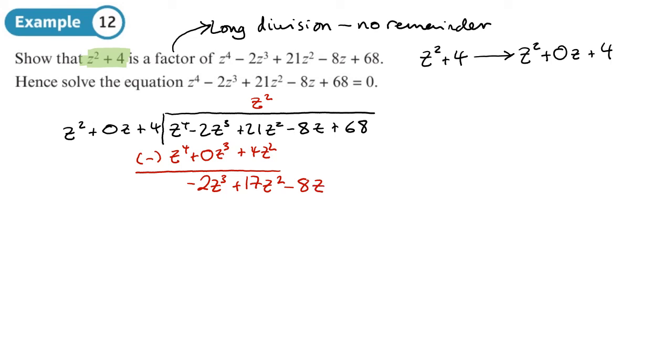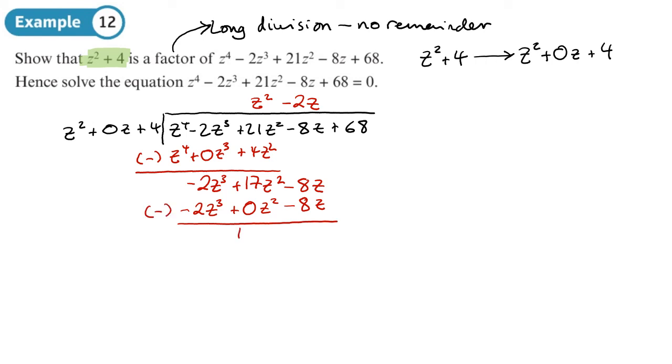Then how many times does z squared go into negative 2z cubed? Minus 2z times. And we multiply negative 2z cubed plus 0z squared, and then minus 8z. Subtract.